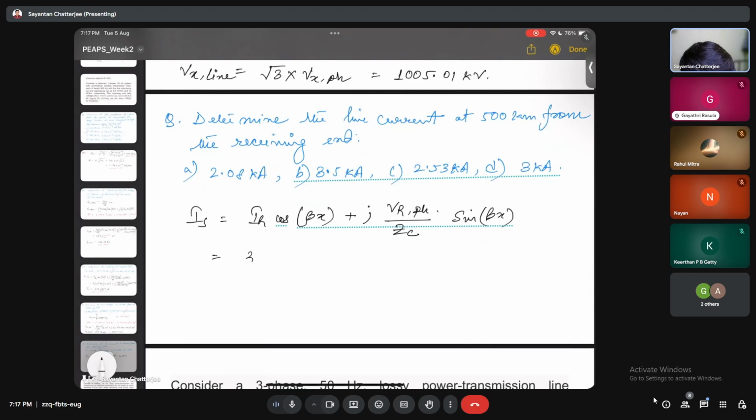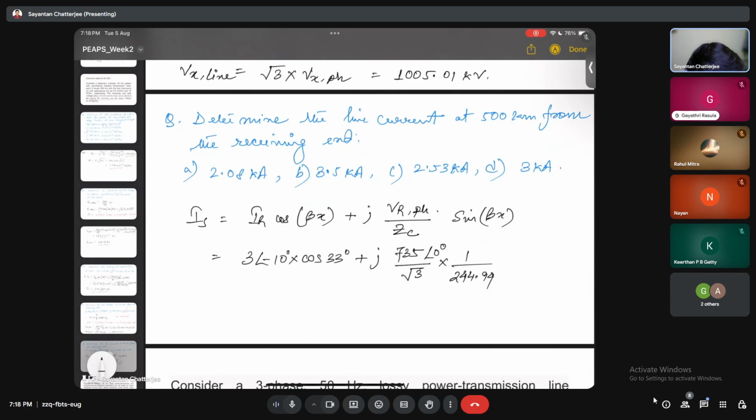IR is already known, 3 angle minus 10, and cos beta X means cos 33, plus j VR means 735 angle 0 by root 3, and 1 by ZC means 244.94, and sine 33.